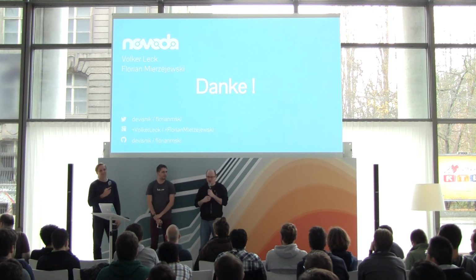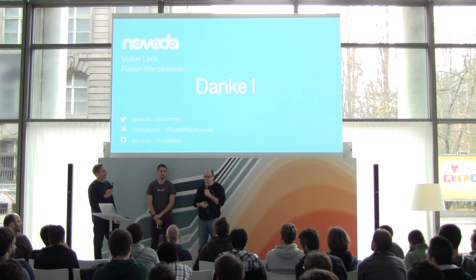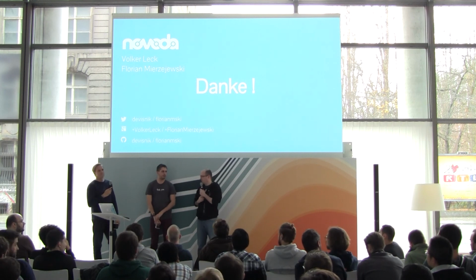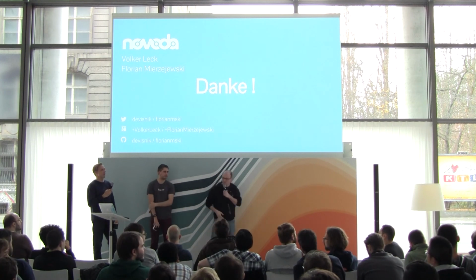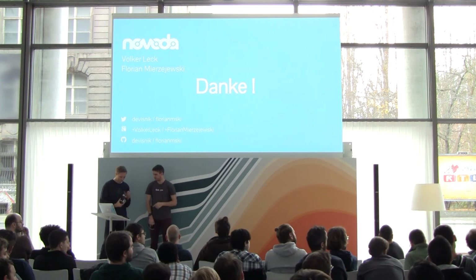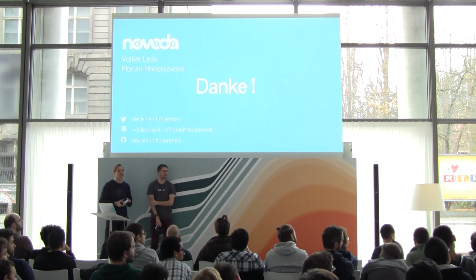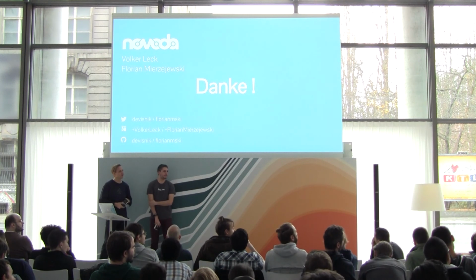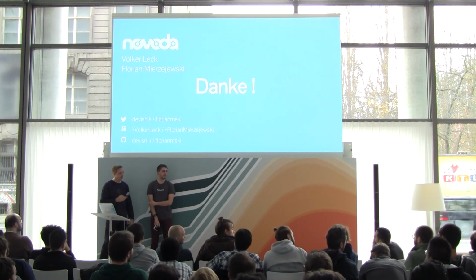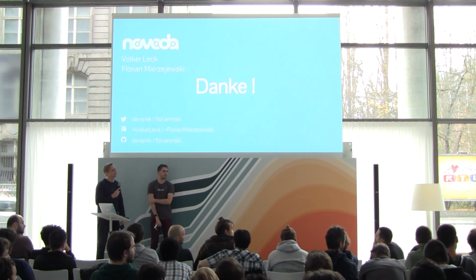So, has anybody a question for these two? So your talk was that awesome? No, just one question. Maybe a suggestion or a tip. You used a local file for implementing the version code.